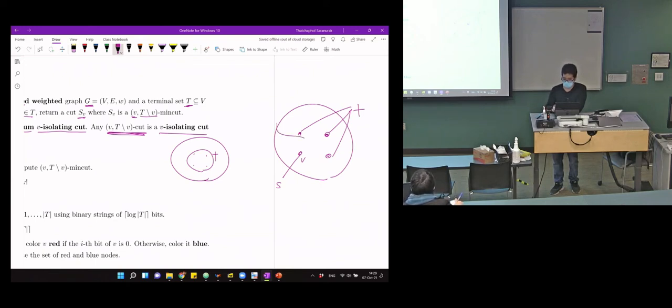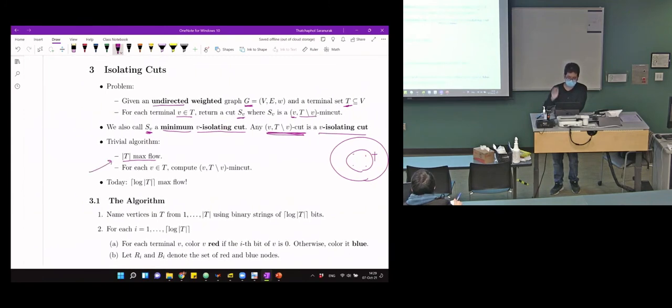And you get some min cut. So that takes T MaxFlow. And actually, it turns out that you can do it in logarithmic many MaxFlow.